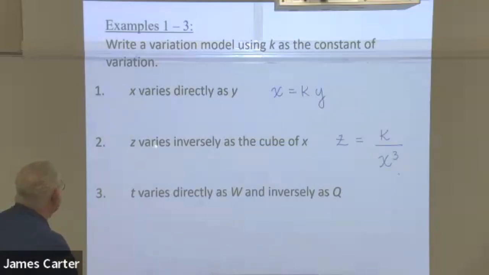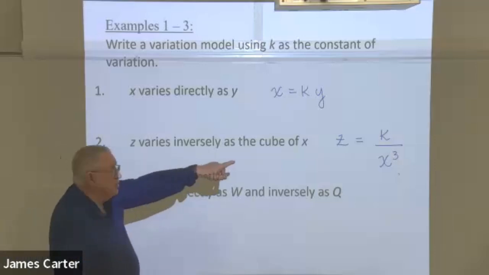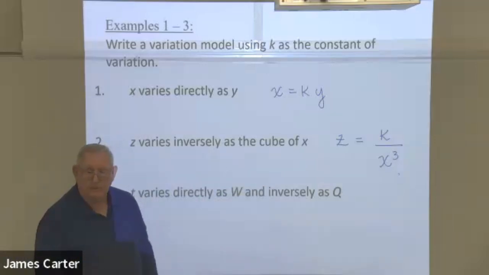This one, Z varies inversely. That means K over whatever the X term is. This time it says the cube of X. So that would be your general formula. T varies directly. This word varies is where your equal sign is going to go.